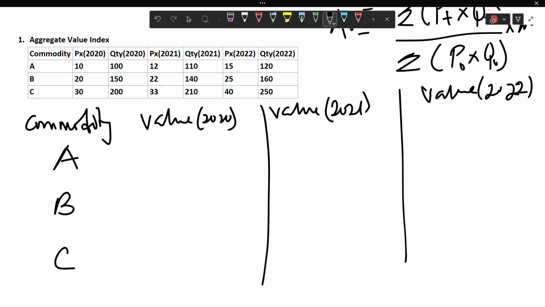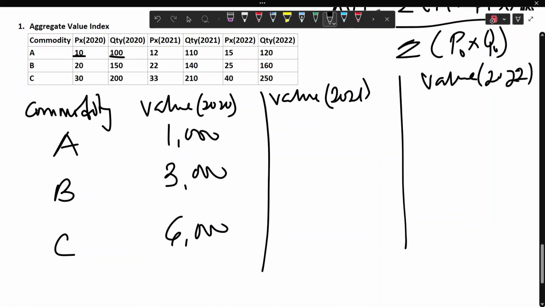So first, for 2020, we have a price for commodity A of 10 by 100, giving us 1000, then 20 by 150, 3000, 30 by 200, giving us 6000.